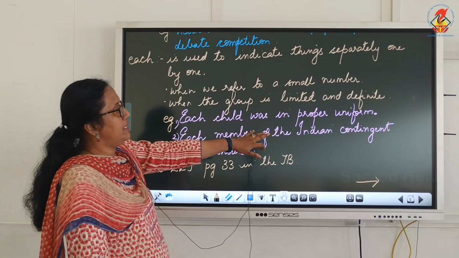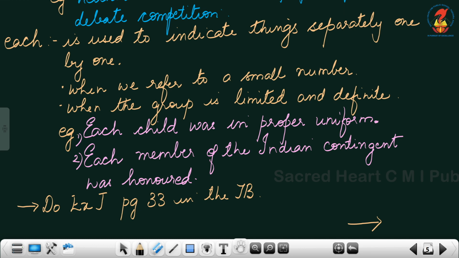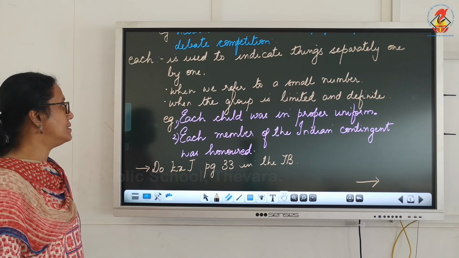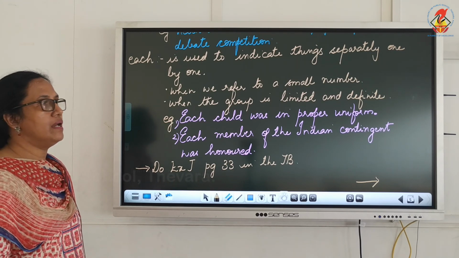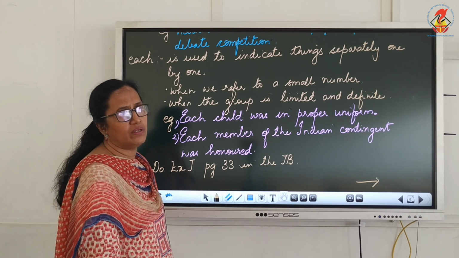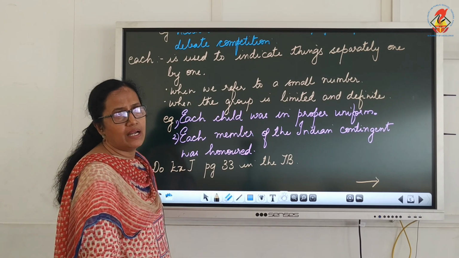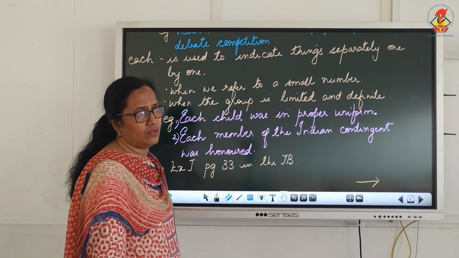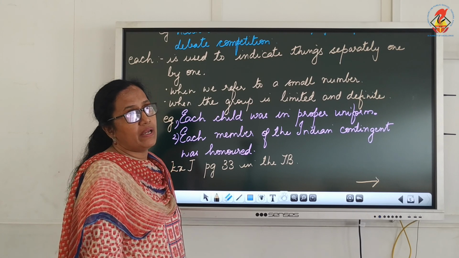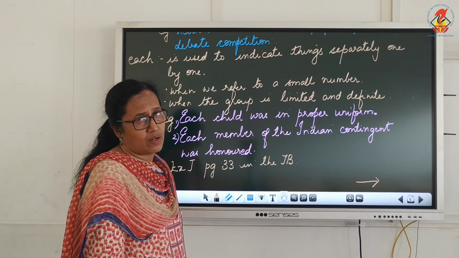Each member of the Indian contingent was honored. So here maybe this group was sent to represent our country for some games, Asian Games, Olympiads, or whatever it is. Now they came back successful. Sometimes when we go to the Olympics, we do not send a very large number, only the well qualified participants or athletes, maybe a team of less than 1,000 people.